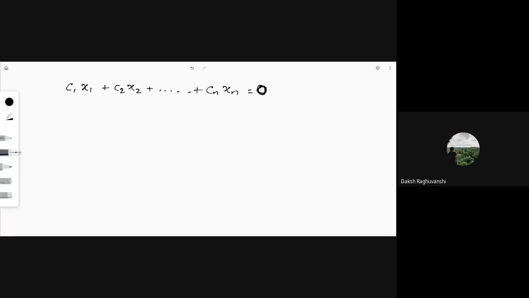Moreover, the Ci will not all be 0. Am I correct? Independent means all of them are 0: C1, C2, C3, up to Cn, all of them are 0.